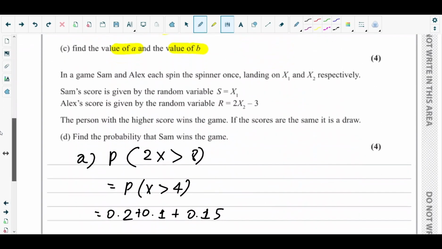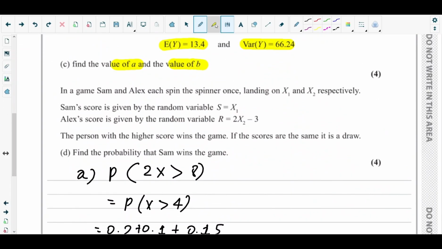In part D, let's see what they have said. In a game, Sam and Alex each spin the spinner once, landing on x1 and x2 respectively. Sam's score is given by s equals x1 and Alex's score is given by r equals twice x2 minus 3.